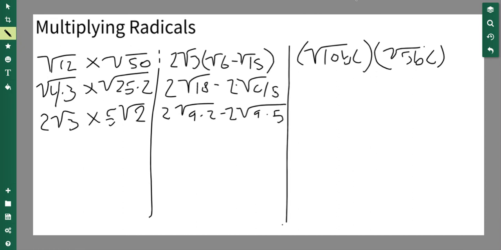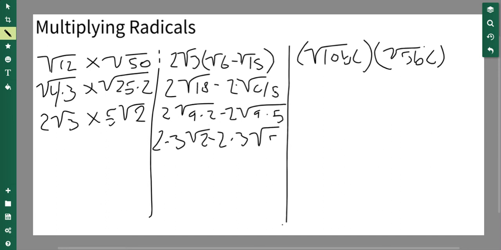So next step, we take 9 outside of the radical, so we get 2 times 3 square root 2 minus 2 times 3 square root 5.